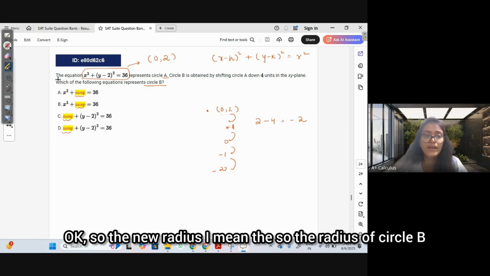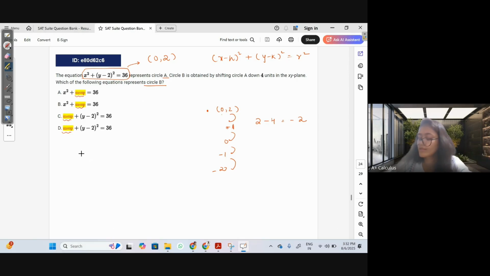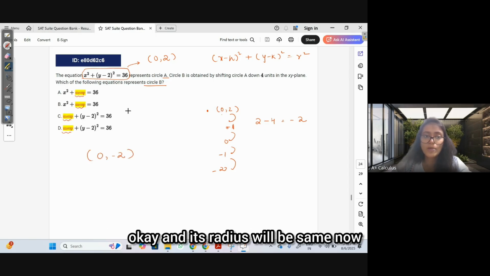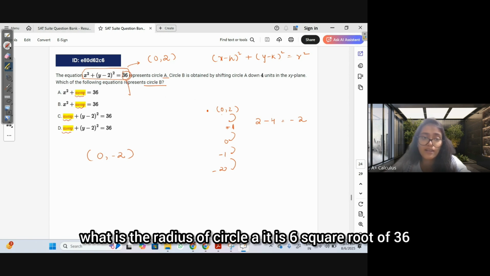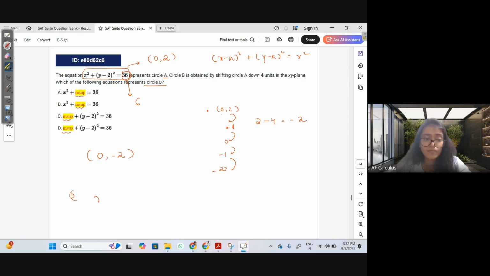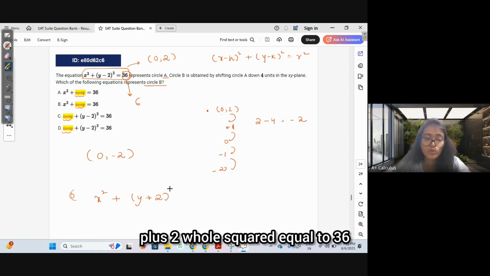So the center of circle B will be (0, -2), and its radius will be the same. Now, what is the radius of circle A? It is the square root of 36, that's 6. So the equation of circle B will be x squared plus (y plus 2) whole squared equal to 36.